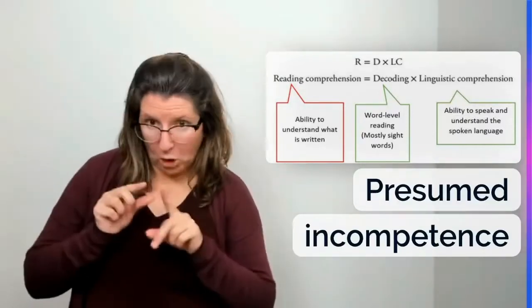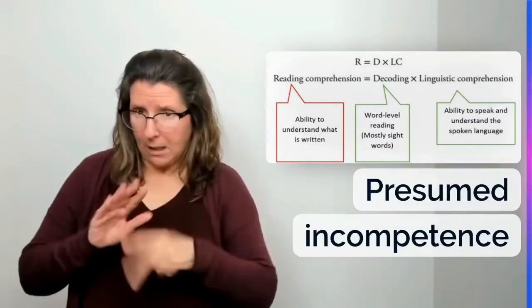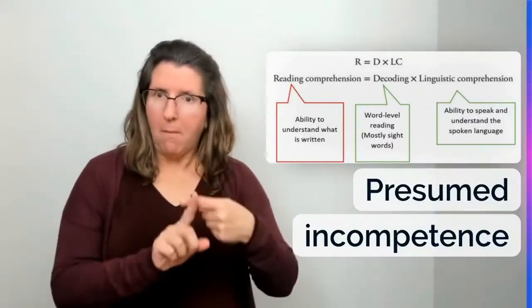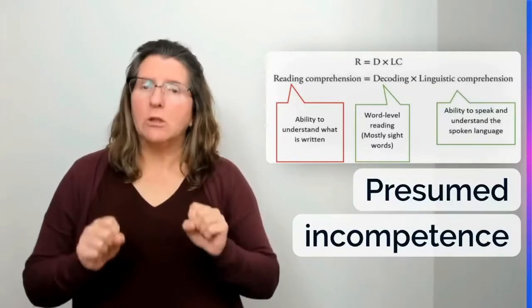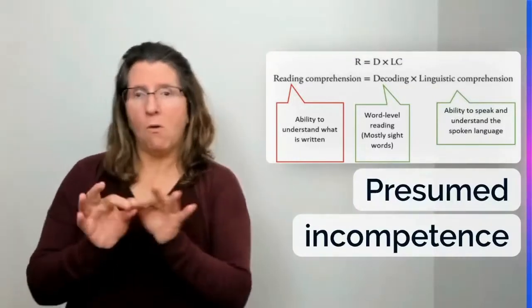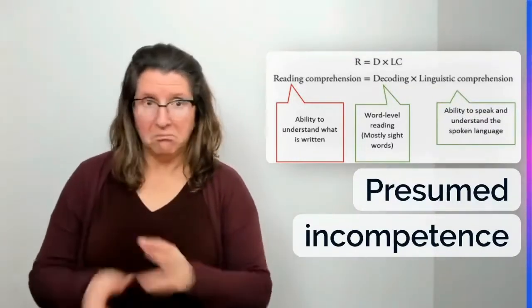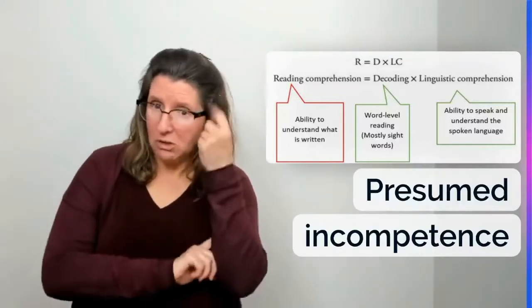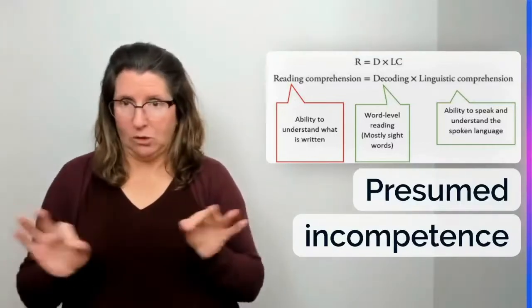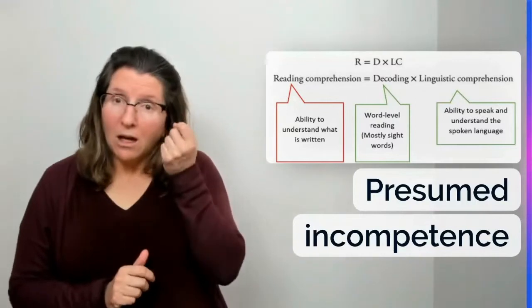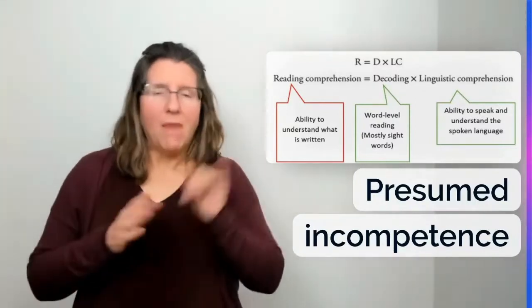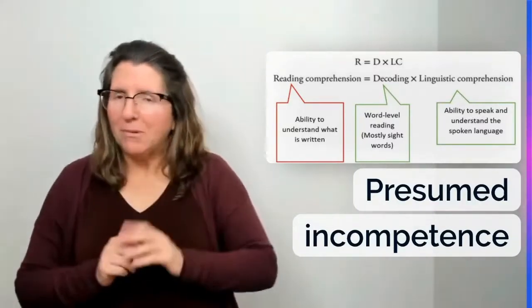This is at the word level reading for meaning. The second criteria is that the student must have linguistic comprehension, meaning the ability to speak and understand the spoken language. Of course, this formula assumes that the student is hearing.